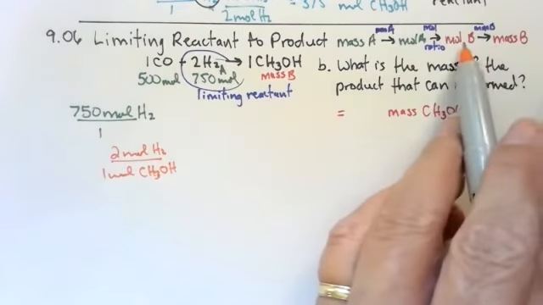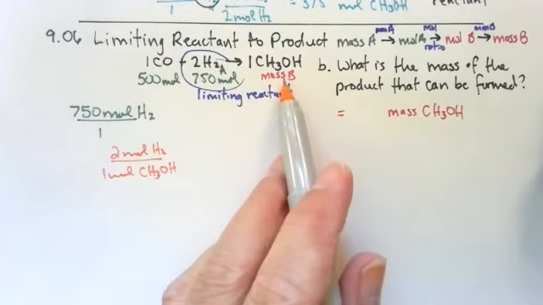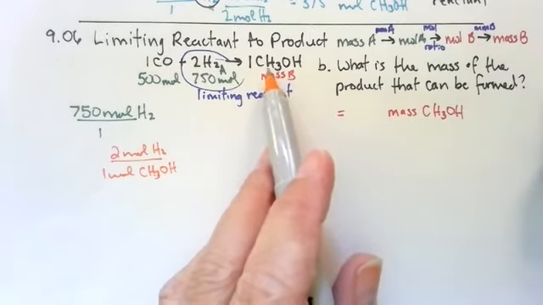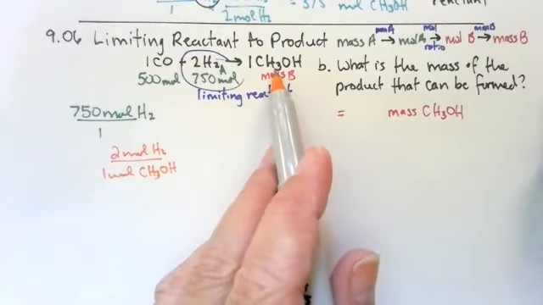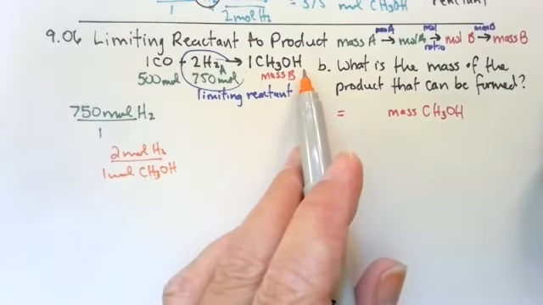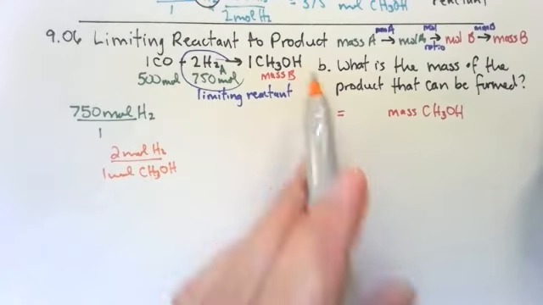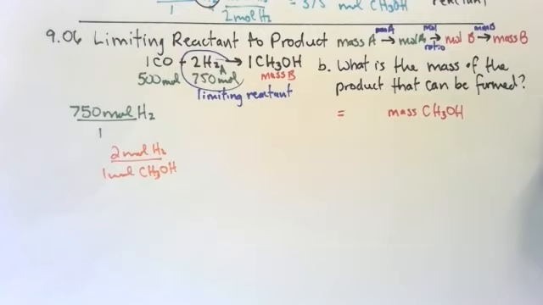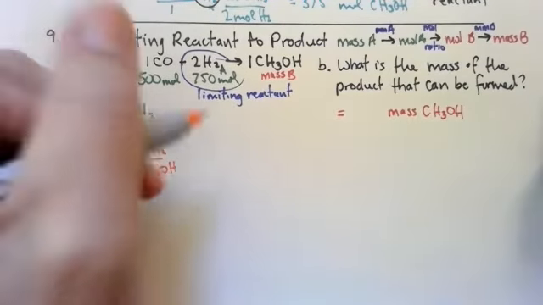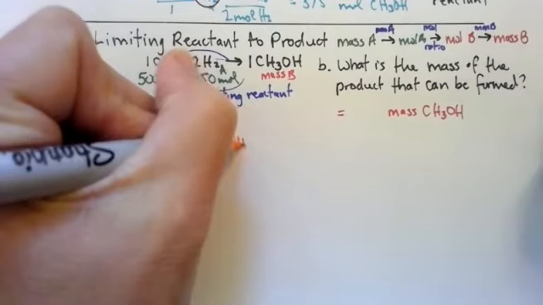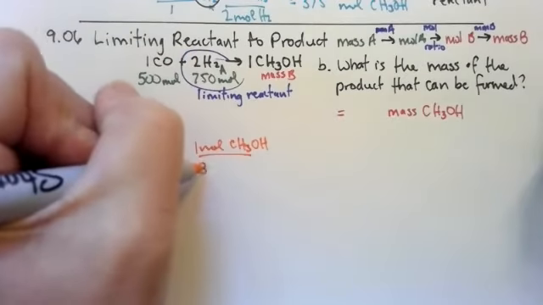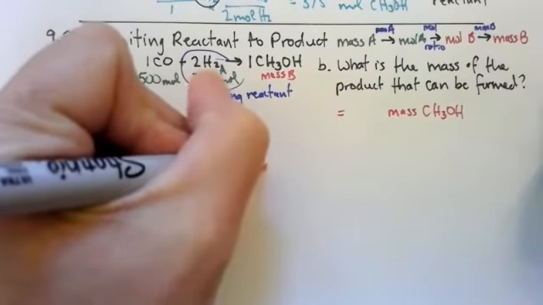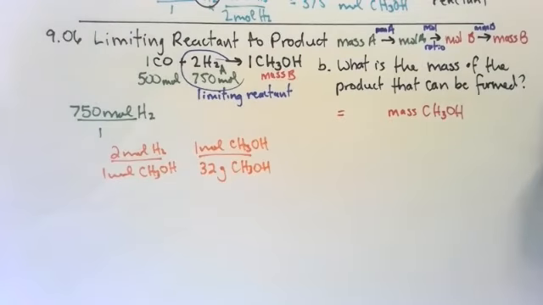Then I'm going to want my molar mass of compound B, methanol. Carbon is 12, hydrogen is 1, 2, 3, plus 16 plus 1. So 12 plus 3 plus 16 plus 1, I get 32. 1 mole of methanol is 32 grams of methanol.